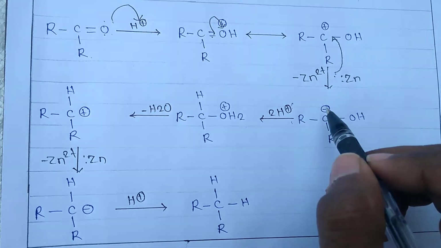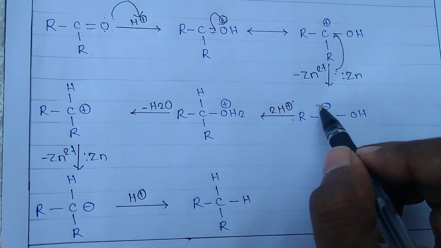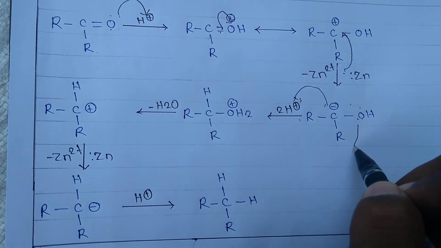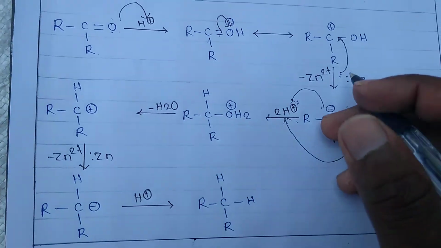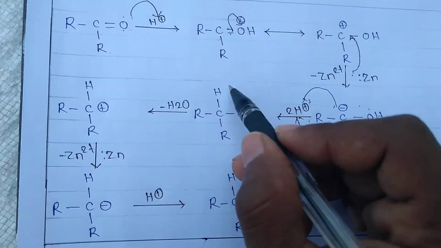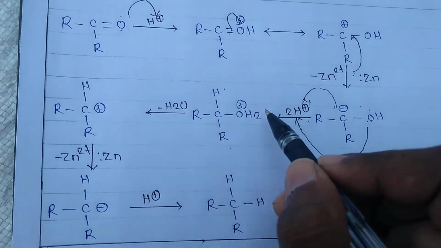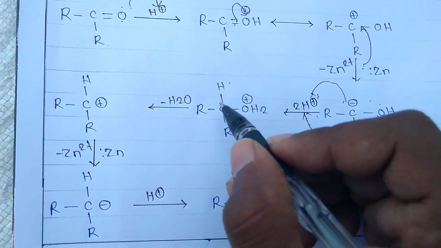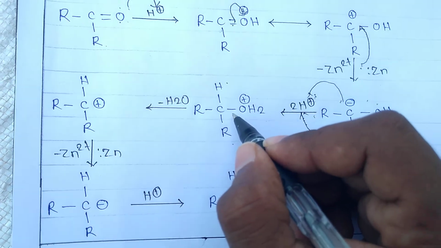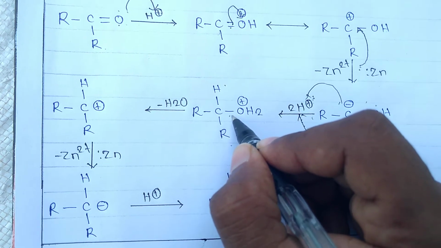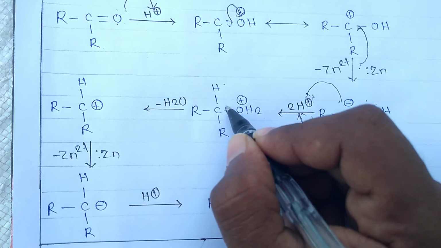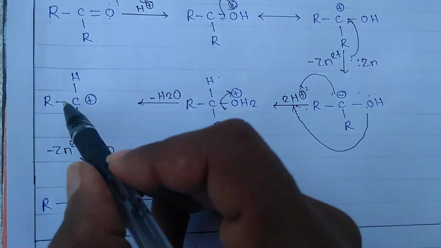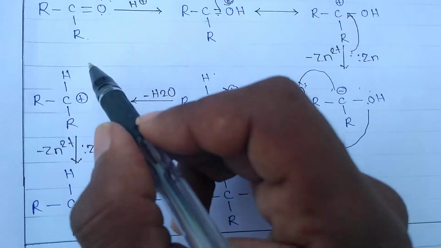So the carbanion attacks on H plus and the lone pair of oxygen also attacks on the H plus, and here R C H R OH2 plus. So here this bond is shifted and minus H2O, formation of carbocation takes place, R C plus R and H.